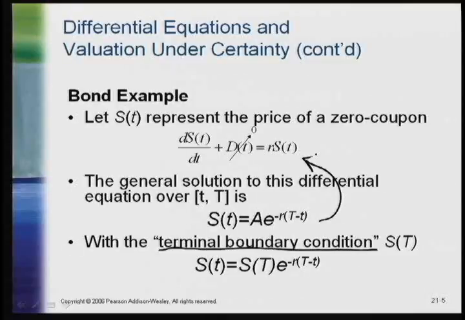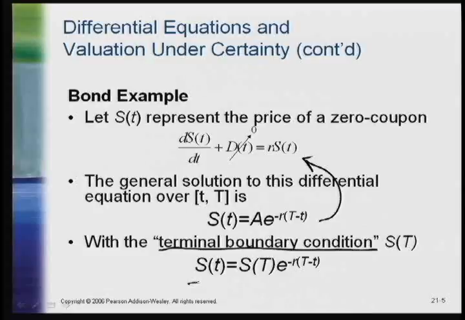A differential equation tells you how a function changes. And typically, in order to get a unique solution, you need to specify either where that function starts or where it ends. If you specify either boundary condition, S of 0 or S of capital T, then you get a unique solution in many of these differential equation cases.